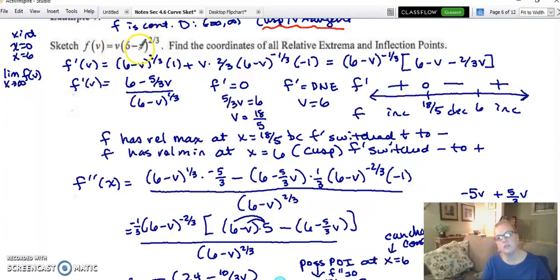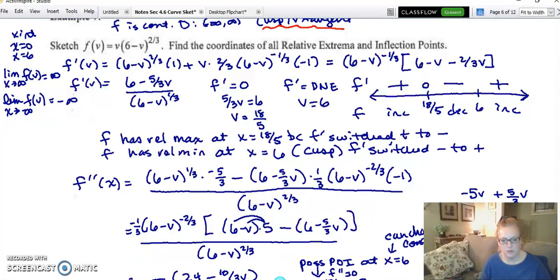And then this, you're squaring it, so 6 minus infinity is going to be negative infinity, but you're squaring it, so infinity times infinity is infinity. And then our limit as x goes to negative infinity of f of x is going to be negative infinity. And again, this one's going to end up being positive infinity, and a negative times a positive is negative infinity. So it's going to be down and then up when we take a look at it.